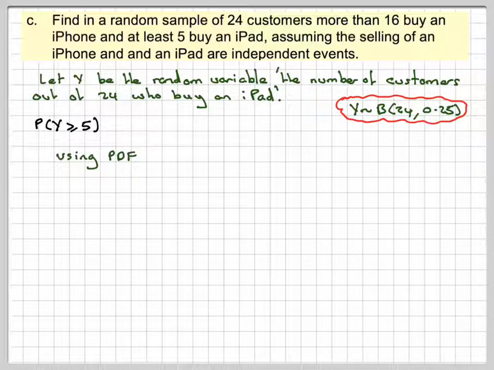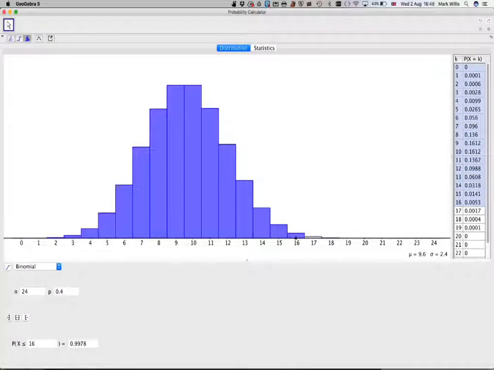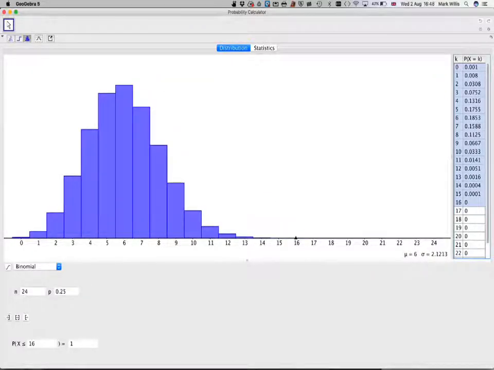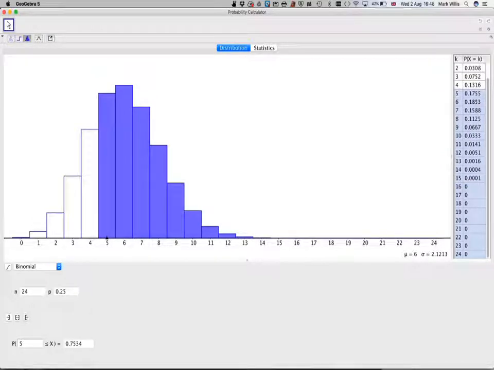So using the PDF, we can go back to our GeoGebra probability calculator. Let's go back to the binomial. We now need to set the probability of success to 0.25, and we want 5 or more, so that's going to be all those. So we'll need to sum all these probabilities up.